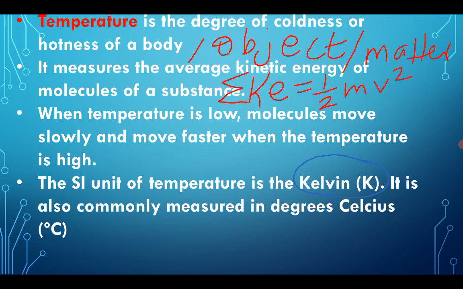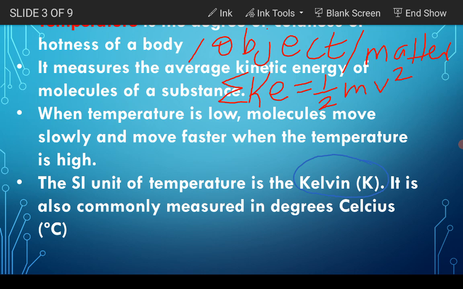And remember that the degree Celsius is related to the Kelvin by a formula. Supposing that you are asked to convert a temperature which is in degrees Celsius into Kelvin, remember that the temperature in kelvins is simply equal to the temperature in degrees Celsius, and then whatever the temperature in degrees Celsius, you just add a constant, 273.15.